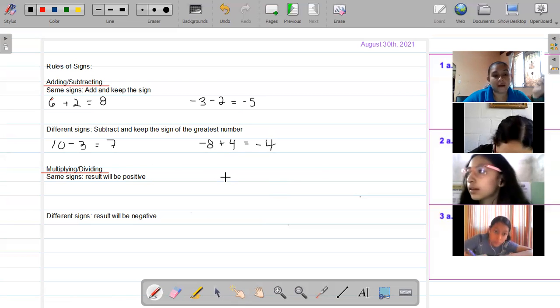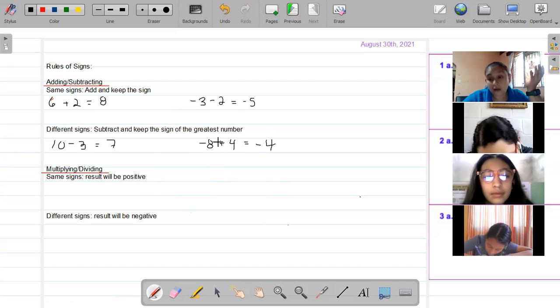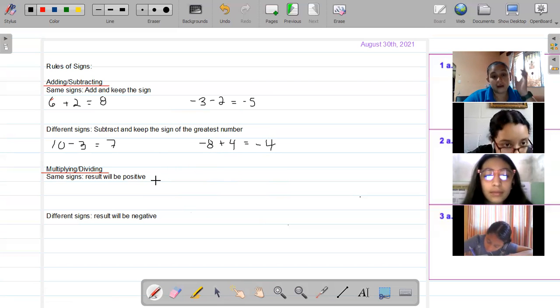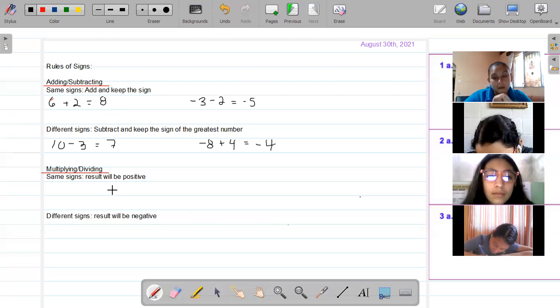Or if it was the other way around, if I had a smaller number at the beginning, still I would subtract and keep the sign of the greatest number, okay? So these are the first two rules that come from the very first one, which is rules of signs for additions and subtractions. Now we're going to see the second rule, which will be the rules of signs for multiplying and dividing.